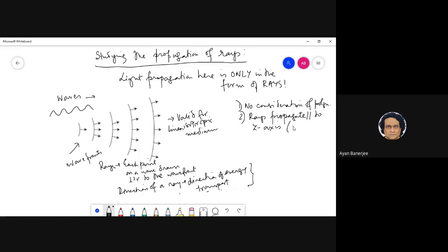So almost collinear, not tight focusing. This is very important. This does not hold when you have a strong Z component, that means very tight focusing. This whole thing will collapse. You cannot assume this way of propagation.